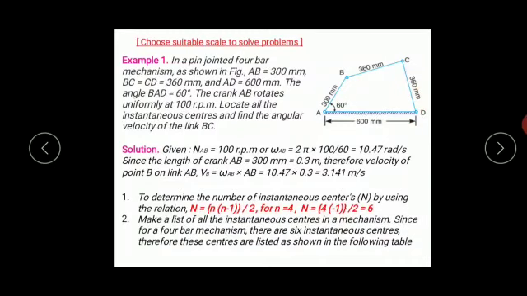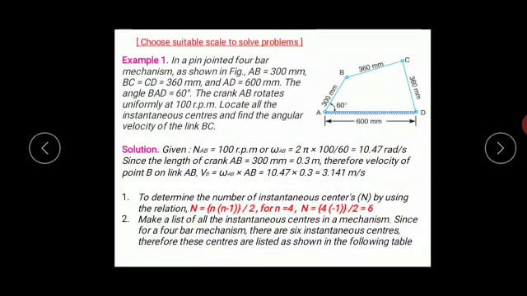Now in the problem, we are given the speed of the link AB, that is 100 rpm. So if we know the speed of link AB, we can find out the angular velocity of link AB, and that will be 2 pi n by 60. So that is 10.47 radians per second. Now since we know the angular velocity of link AB, we can find out the velocity of point B with respect to link AB.